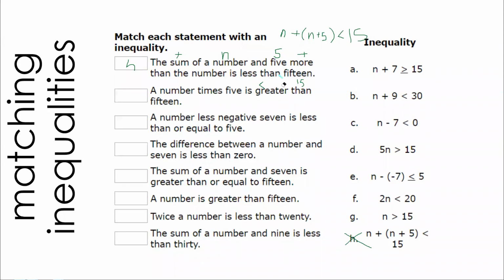So how about we just do that second one together as well. So hopefully you are in a good position to finish out the rest of this. So it says a number times 5. So times means multiplication.